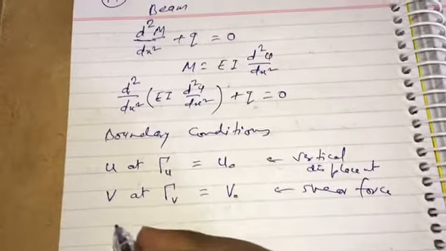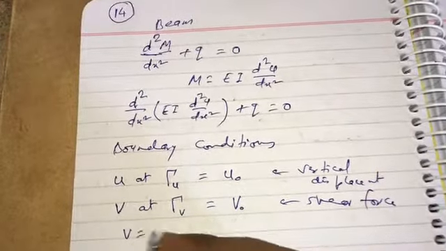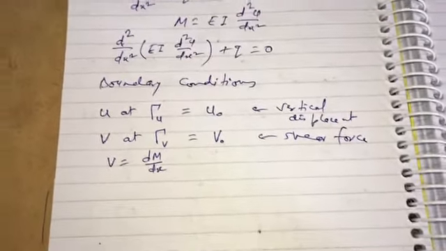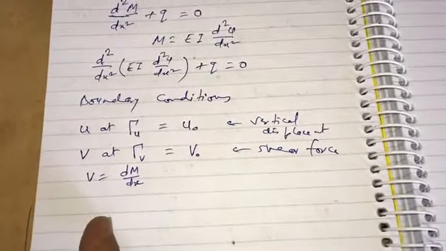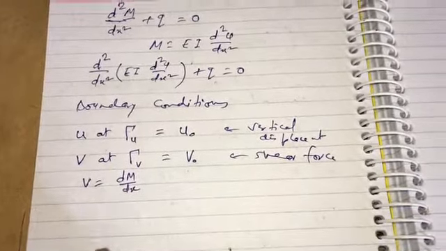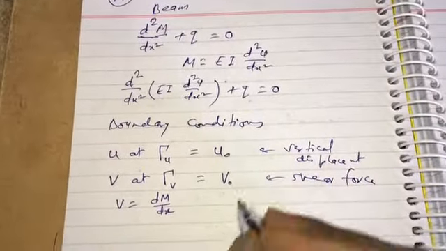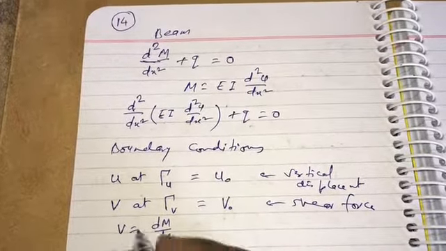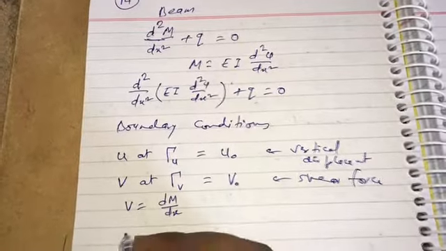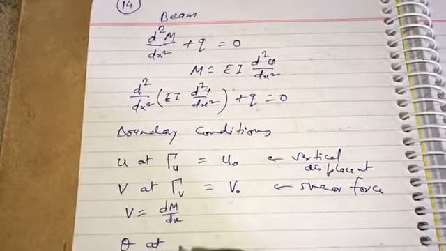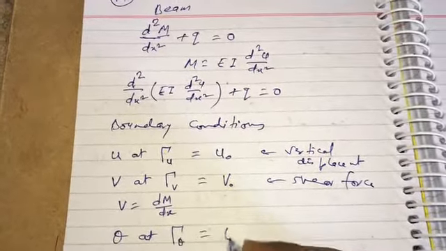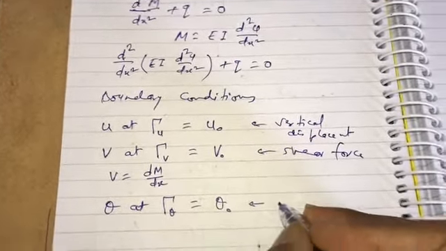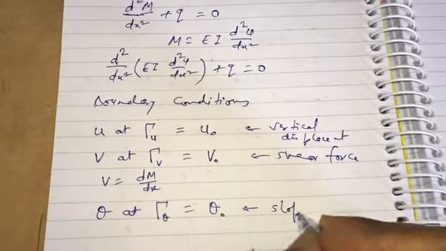So what is V? As you know, V is equal to dM over dx. So V equal to dM over dx may be given. Now theta may also be given, so theta at gamma theta equals theta naught. This is the angle or slope of the beam.